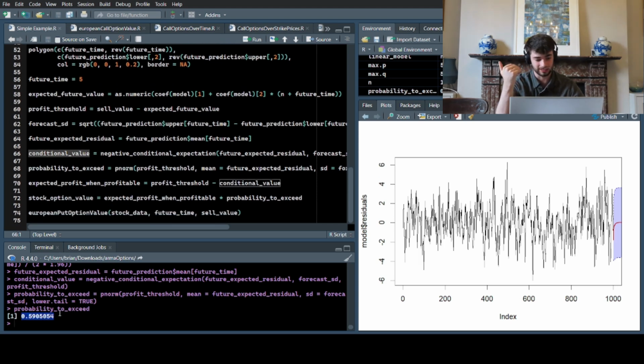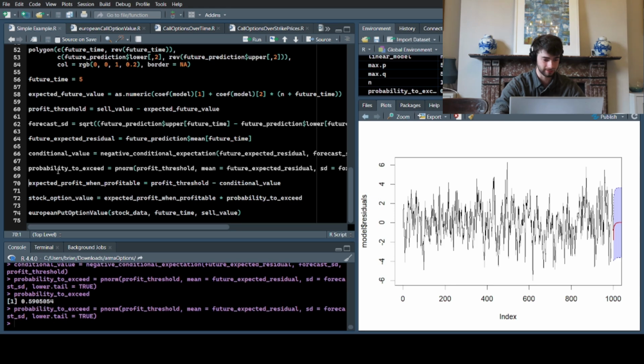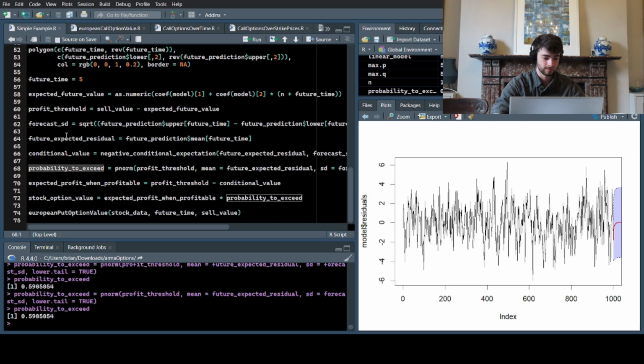So there's a 60% chance that this option is profitable. And this value here calculates the conditional value, the expected value of x of t, given that it is less than our threshold.